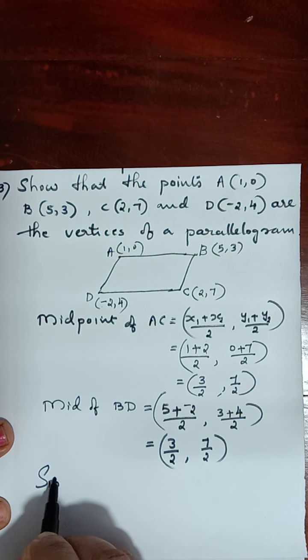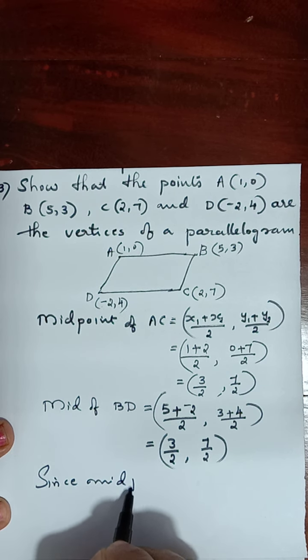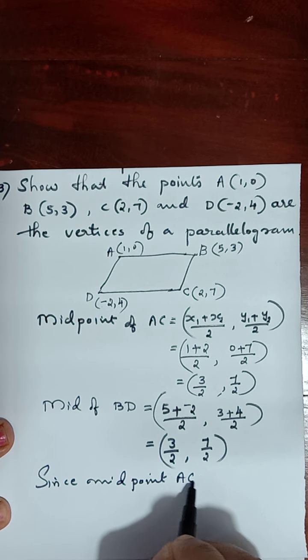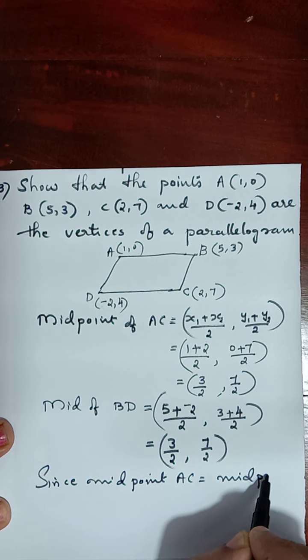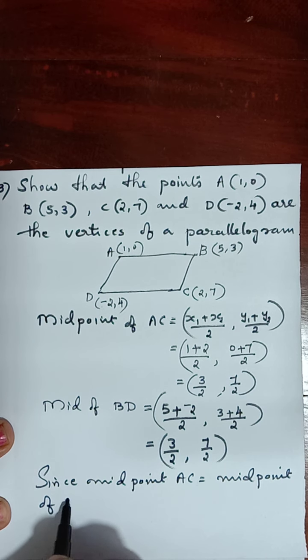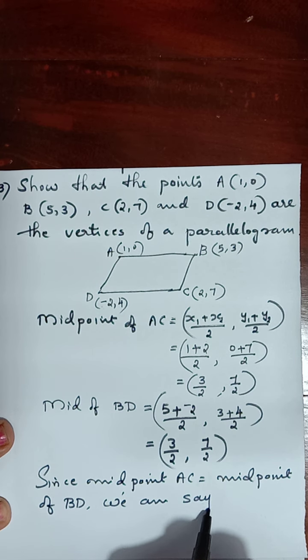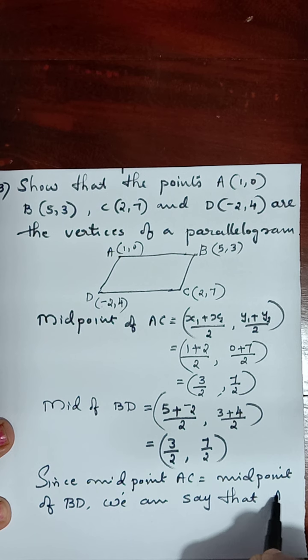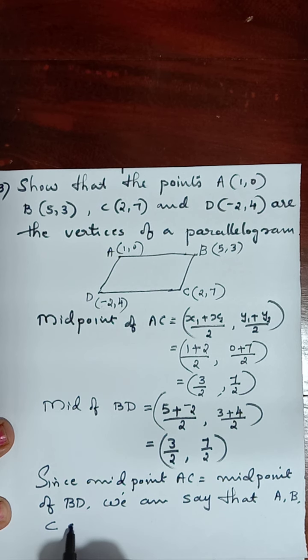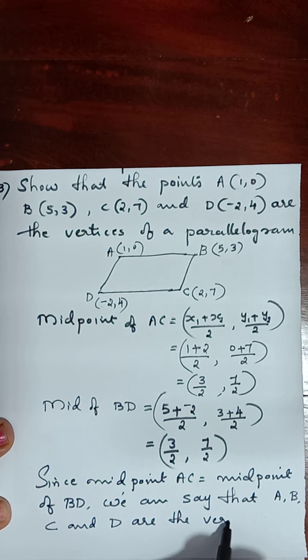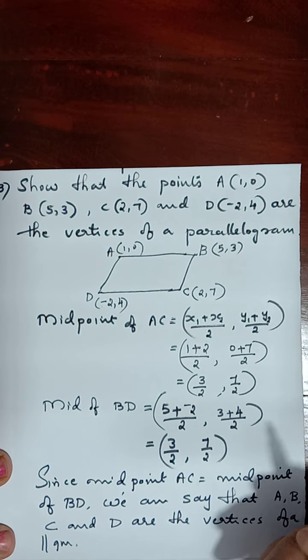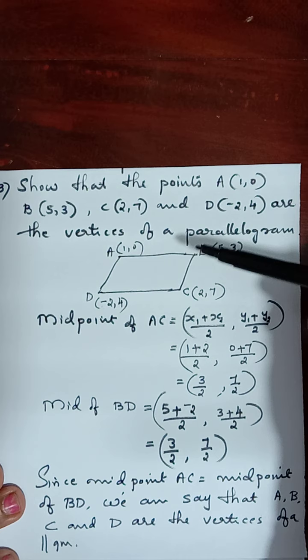We have to write, since midpoint of AC equal to midpoint of BD, we can say that A, B, C and D are the vertices of a parallelogram.